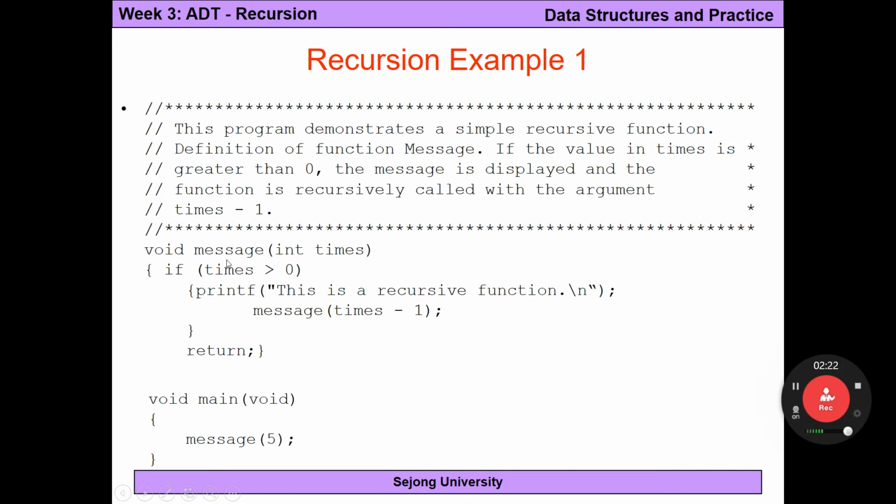Here is our definition of the message function. Here is the condition of our recursive function. It will check whether the condition is true or false, and this will keep on repeating until the condition is false.